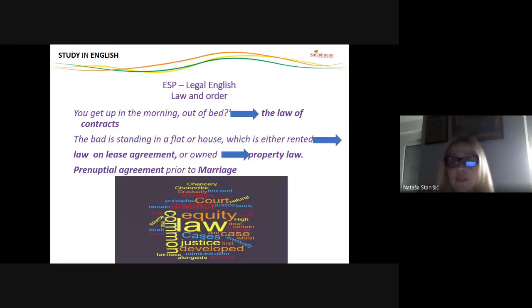And usually what became popular today is to write down a prenuptial agreement, which is prior to marriage. So many of them laugh at that. Maybe you'll be as well when you hear this. But it is also one interesting instance of what the prenuptial agreement is and why two people who are in love decide to write it down.